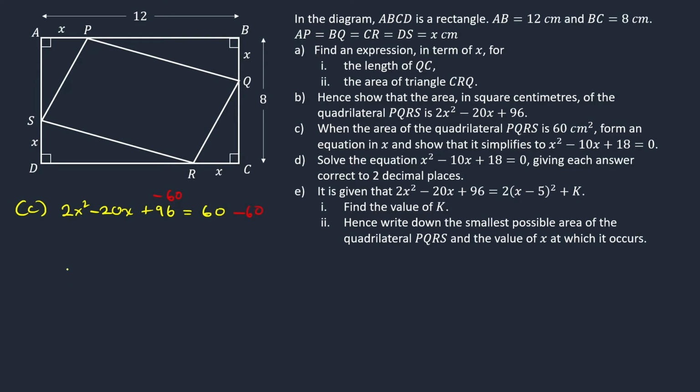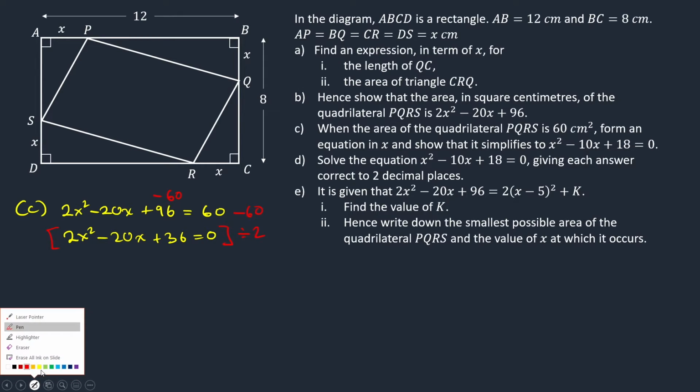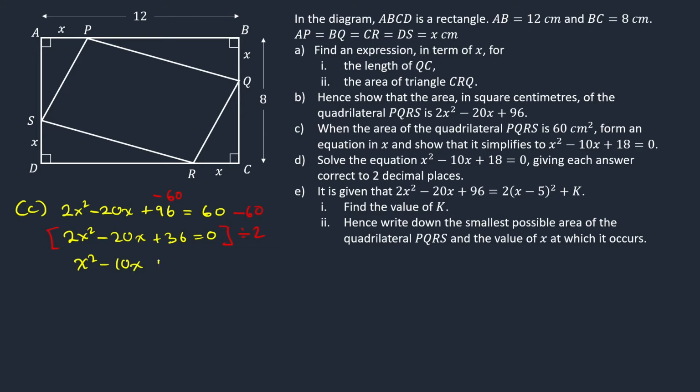Then we have 2x squared minus 20x plus 36 equal to 0. So we divide both sides of the equation by 2 to simplify it. We will get x squared minus 10x plus 18 equal to 0. So again, we have proven this.